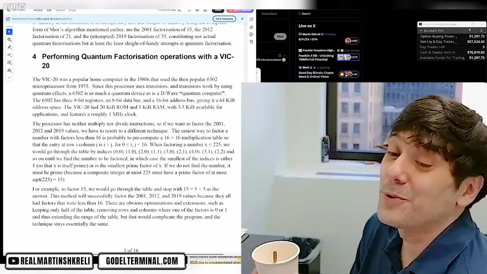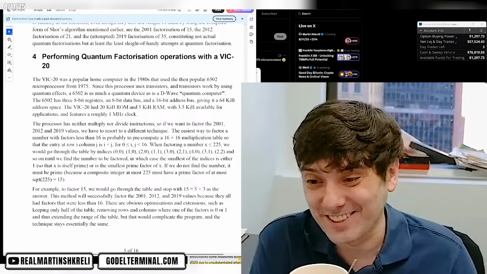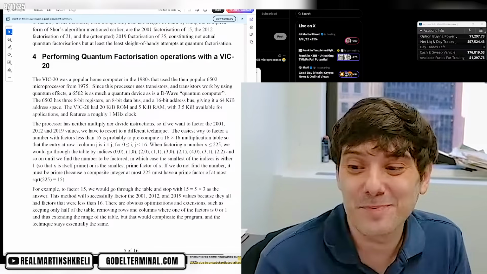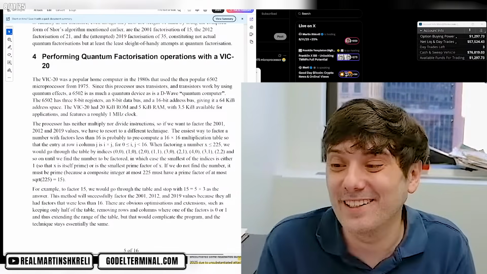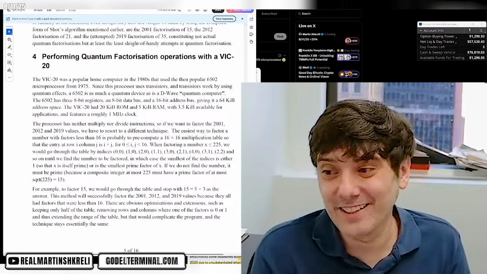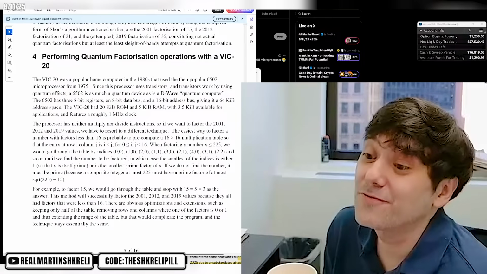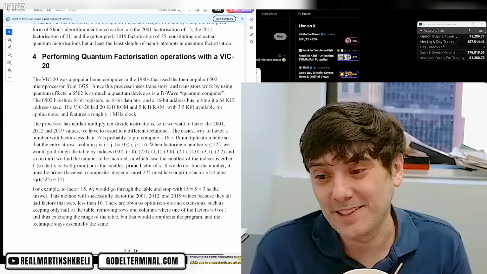The 6502 has three, count them, three 8-bit registers. 1, 2, 3. An 8-bit data bus and a 16-bit address bus, giving it a whopping 64 kilobytes. Or that's 64 kilobits of address space.